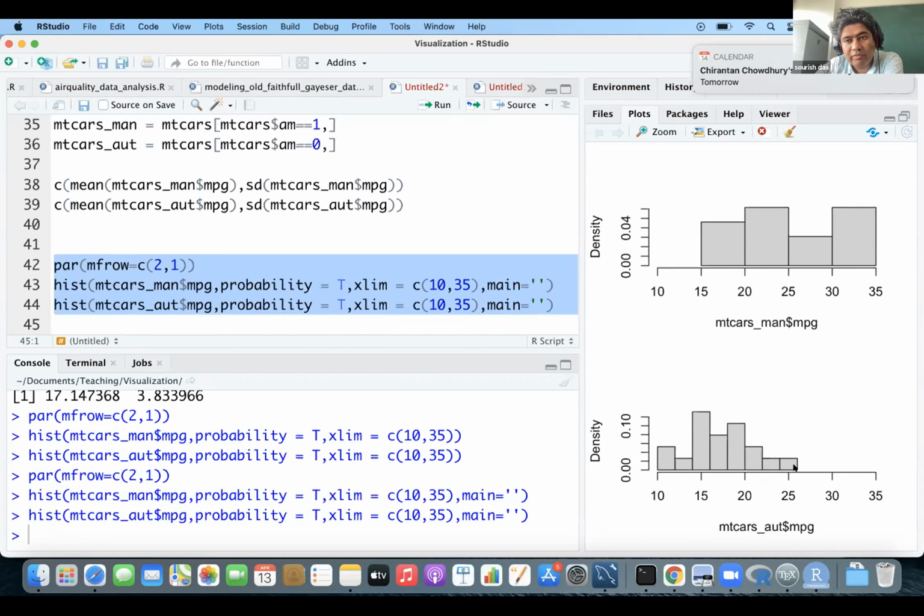Almost no car is available with automatic transmission which has miles per gallon above 25. So there is a significant difference between the manual transmission and the automatic transmission. The fuel efficiency is superior in the manual transmission than the automatic transmission.